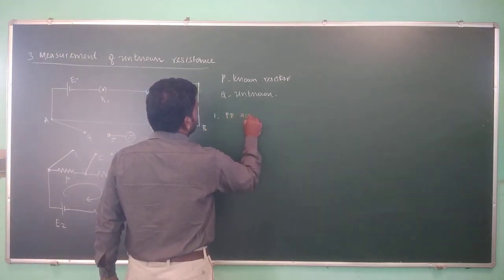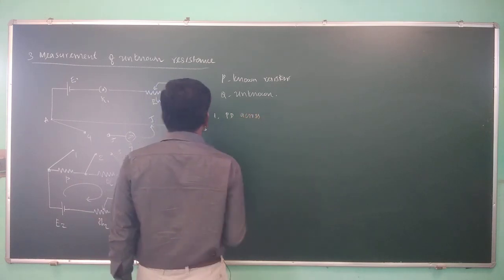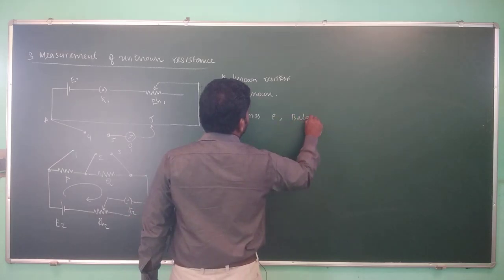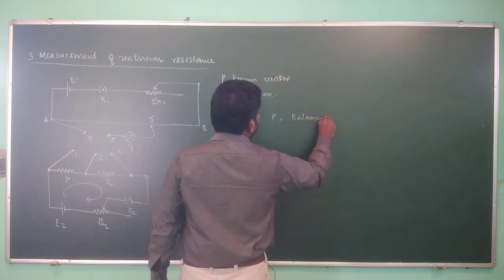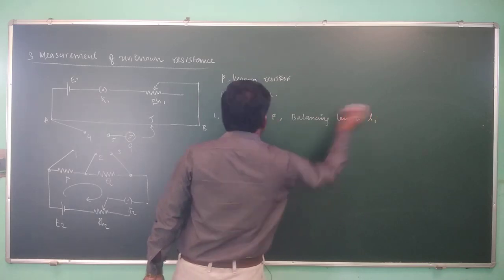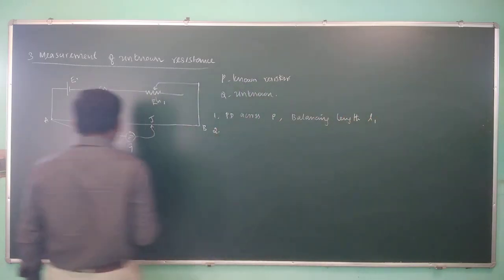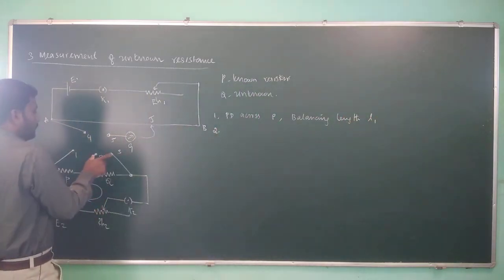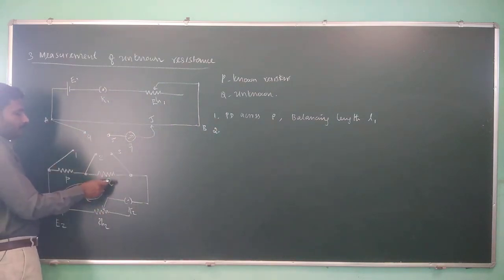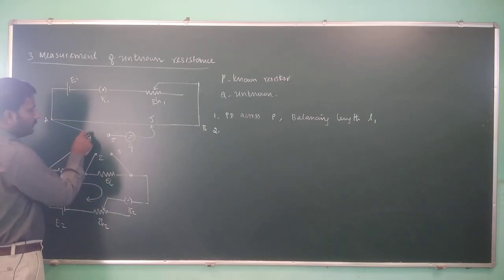So the first step is the potential difference across P and the balancing length, which is L1. The second step: we remove this and connect points 2 and 3 with 4 and 5. That is, the unknown resistance is connected across these 2 points.